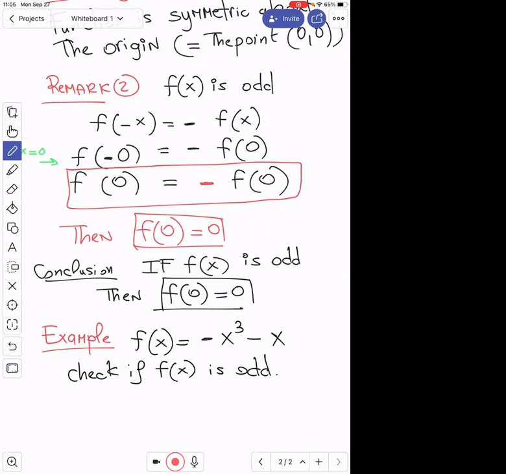Well, we're going to follow the same steps. So first step, we're going to evaluate f of minus x.